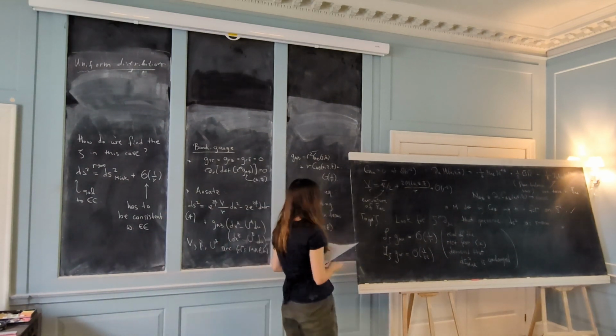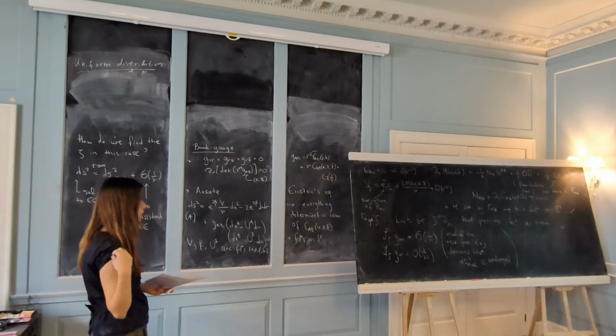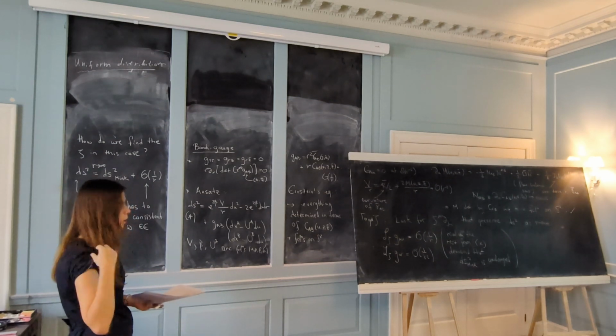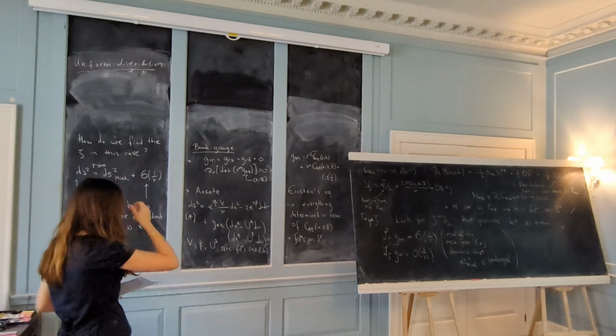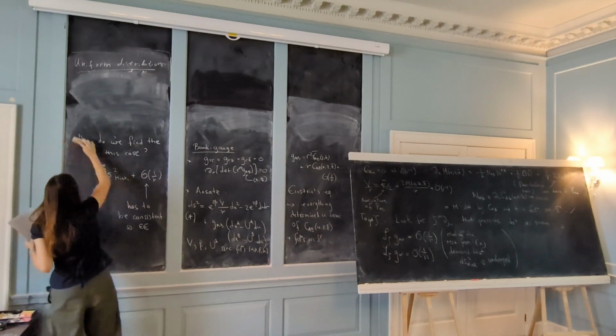And so you do this exercise. This is going to give you a set of differential equations for I. They're going to be nonlinear in general, but you can solve them order by order in 1 over R, because this is what we've been doing anyway. We don't have an exact solution here.